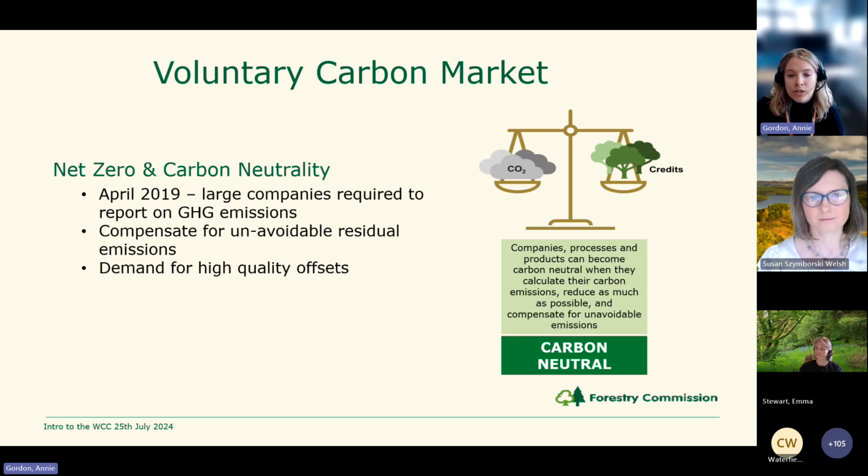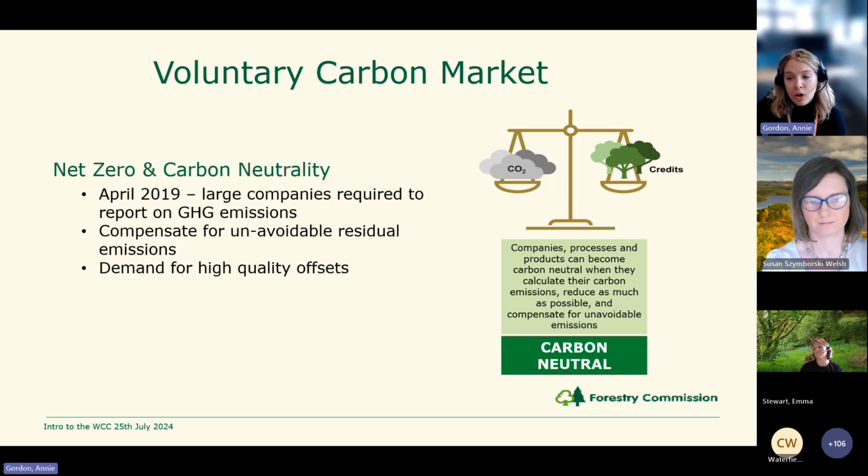These organisations will be setting science-based targets to reduce their emissions as much as possible to align with a 1.5 degree warming pathway. However, there will still be some residual emissions throughout their decarbonisation journey that are really difficult to abate.